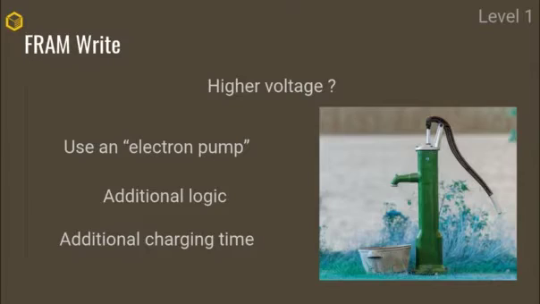Now, this requires additional logic and additional time to do the pumping. Because of this, an FRAM cell is actually rather slow and can be rather energy inefficient. It's not the memory cell itself, it's the process of writing and reading.